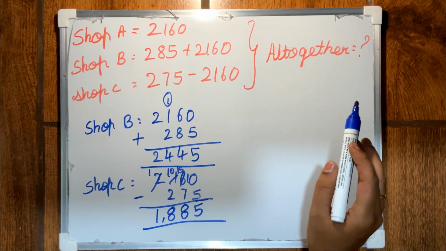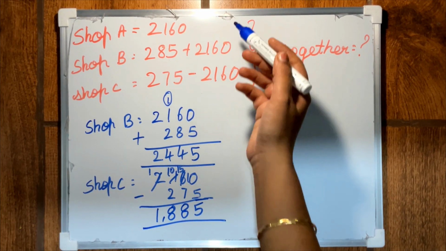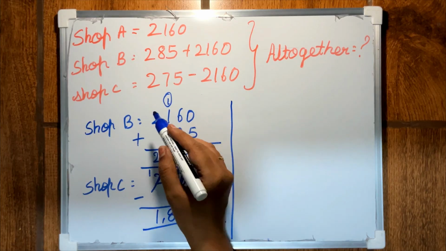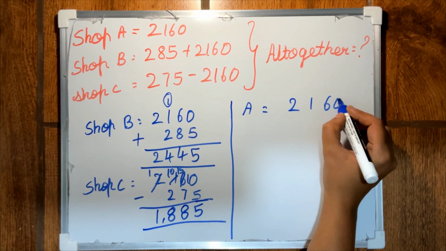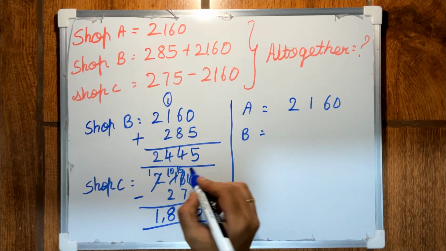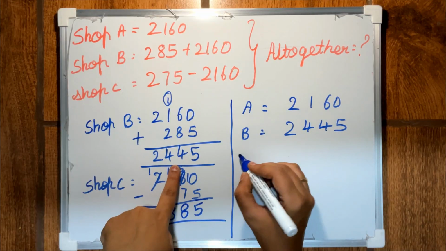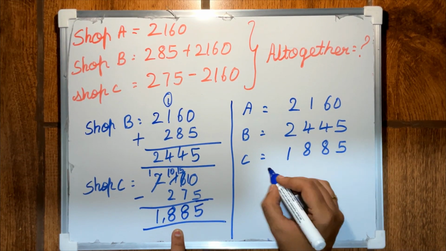Now, what is the final question they have asked? We have to find out altogether how many packets of tea these shops have, which means we have to add all these numbers. Shop A, 2160. Shop B, 2445. Shop C, 1885.